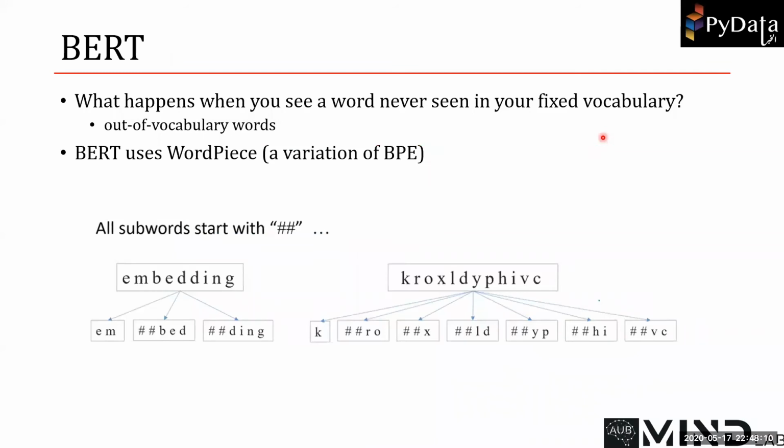And one more thing about BERT: we have a problem in NLP, which is the out of vocabulary words. So what to do if we encounter a new word that we didn't see before in our training, and we don't have it in our vocabulary?